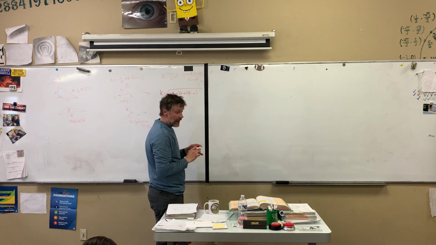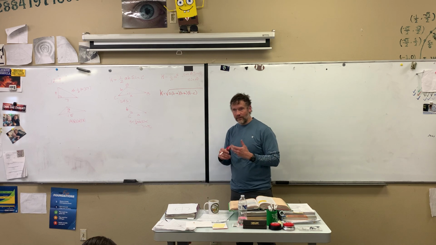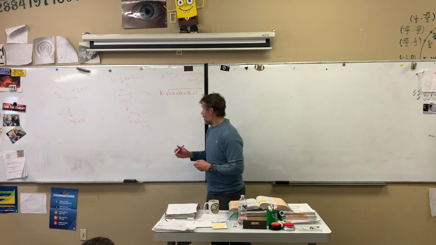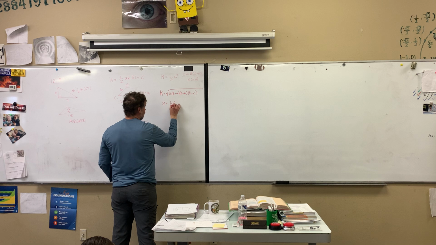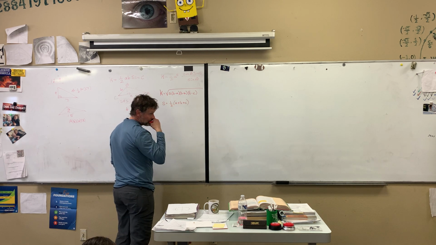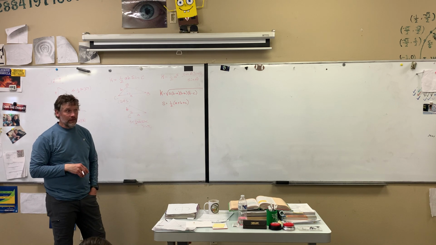So the sides are a, b, and c. We understand that. What is s? Well, s would be equal to an additional formula, 1/2 times a plus b plus c. Like that. So if you know all three sides with no angles, you can still find the area.